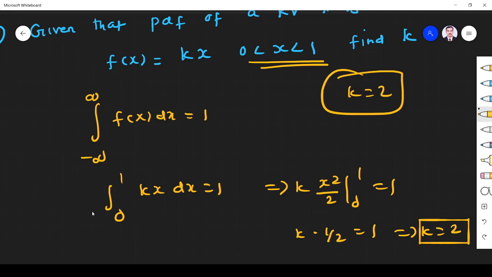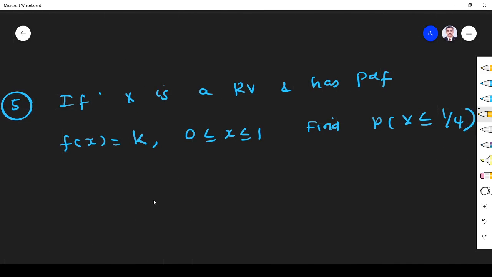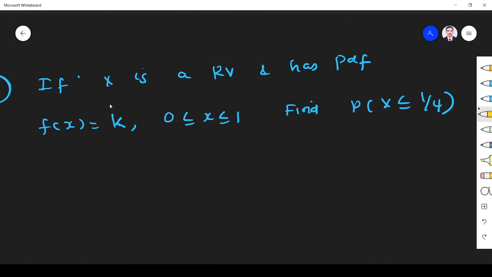Okay, simple problem. Next one, if x is a random variable and has PDF f of x is equal to k, find P of x less than or equal to 1 by 4. Probability of x less than or equal to 1 by 4. So we know probability of x less than or equal to x is given by the integral from minus infinity to x of f of x dx.